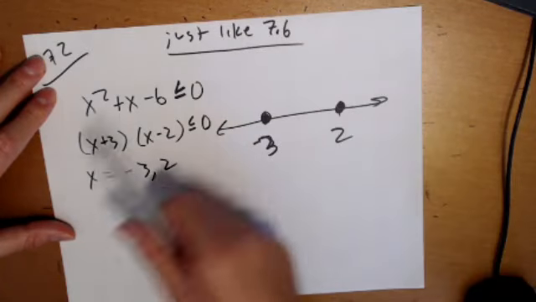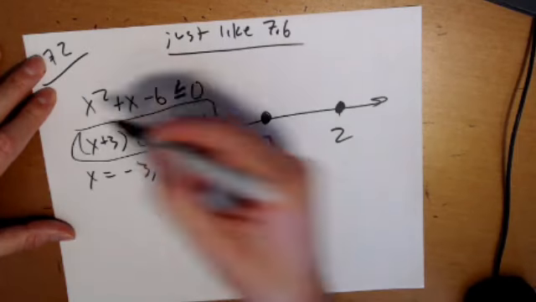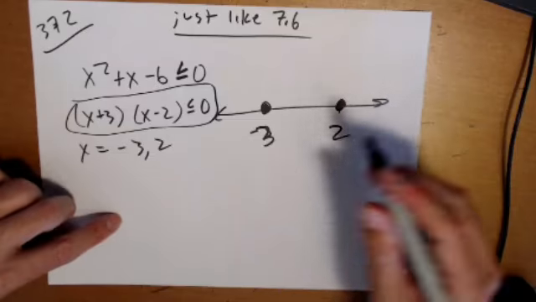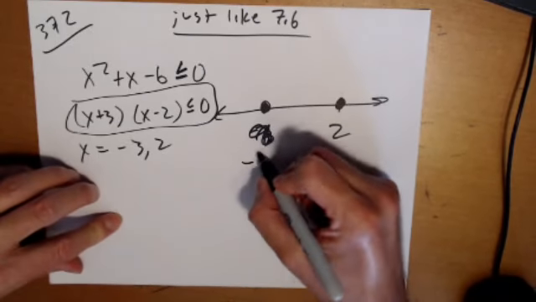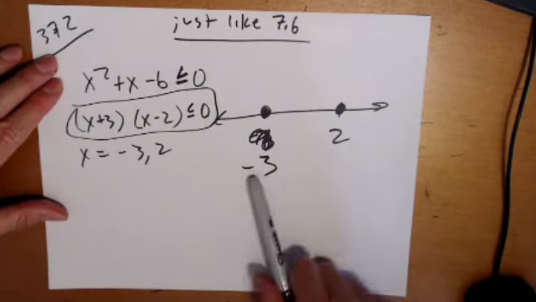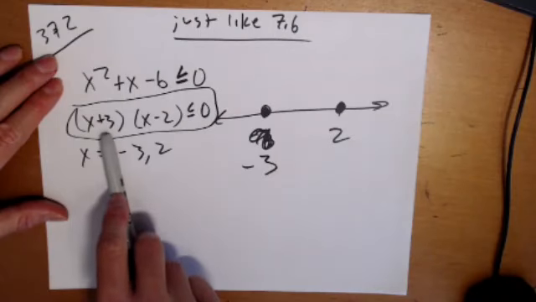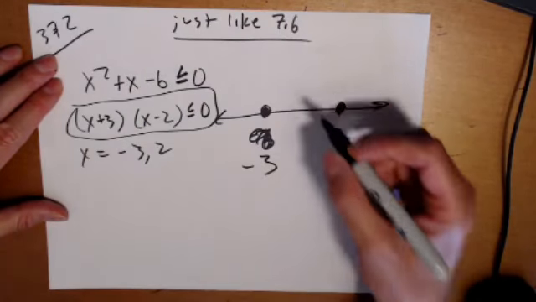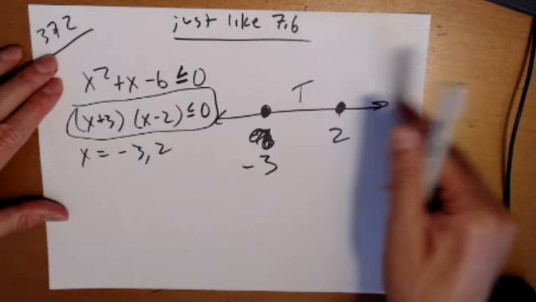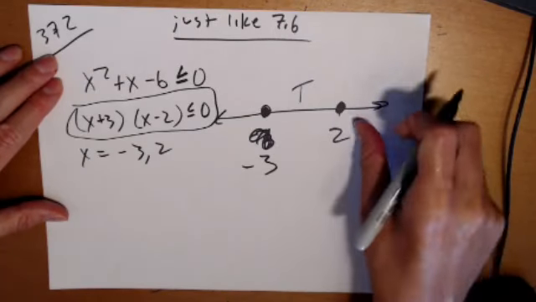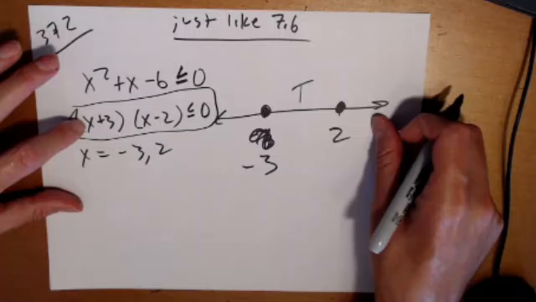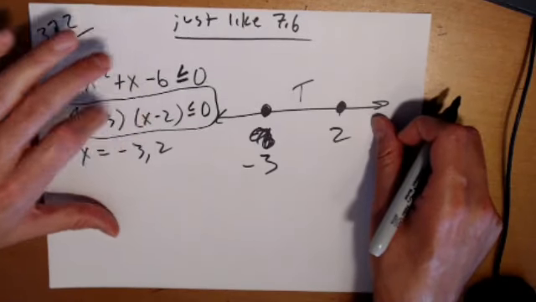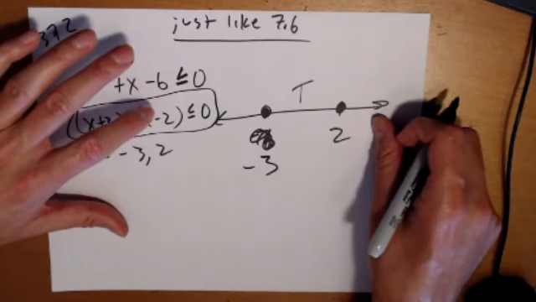Okay, so I'm going to plug it into sort of this idea and see if it's true or false. So between, can you tell that's a -3? Between -3 and 2 is 0. So if I plug 0 in here, that's 3 times a -2 is a -6. Is -6 less than or equal to 0? Yes, true. I'm going to pick a big number over here. I'll pick 3. So 3 plus 3 is 6. 3 minus 2 is 1. 6 times 1 is 6.